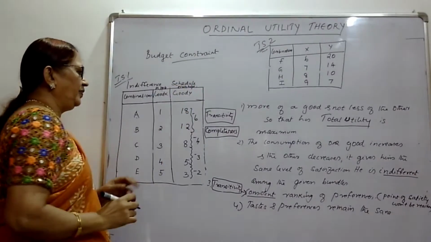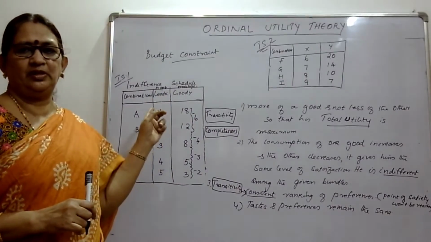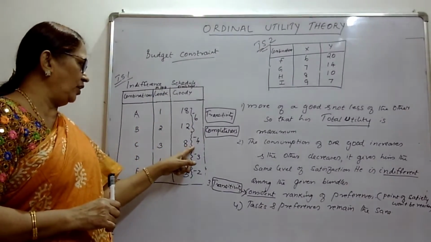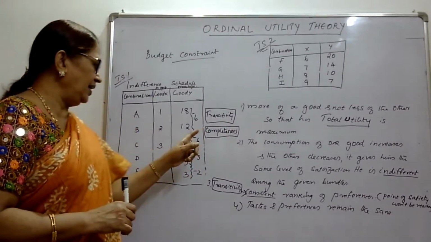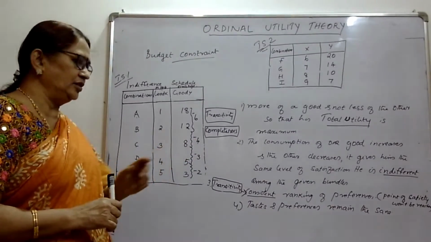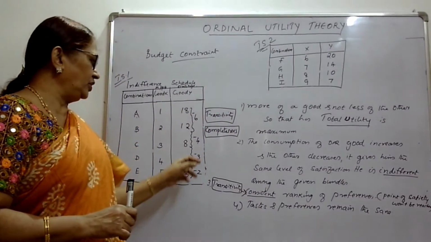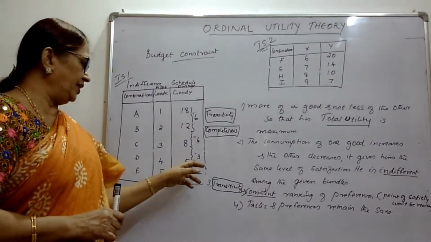So he sacrifices 6 units of orange and consumes 1 more unit of apple. Now, he is sacrificing 4 units of orange and consuming 1 more unit of apple. Next, he sacrifices 3 units of orange and consumes 1 more unit. So here you can see the sacrifice goes on decreasing. First of all 6 units sacrifice, then 4, then 3, then 2.